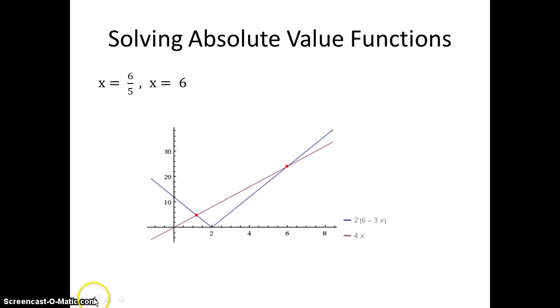All right, so now let's look at a graphical representation of the same problem we just saw. So this is obviously our absolute value expression, and then this is our 2x. And we can see we have one right here at 6 over 5. It's just past 1 right here. And then our other one's out here at 6. And that's what you're looking for when you're looking for solutions on a graph.